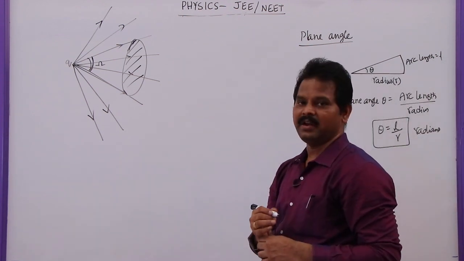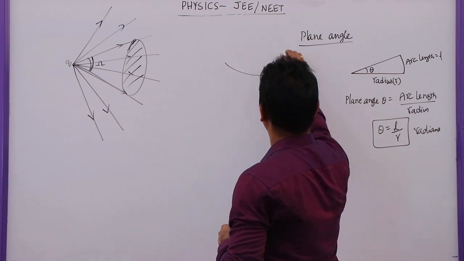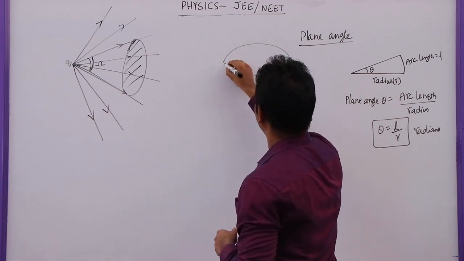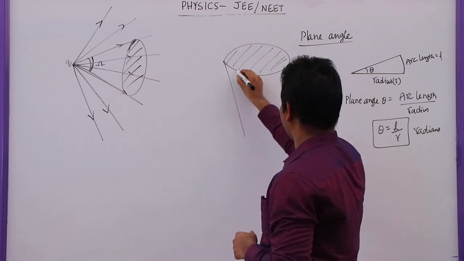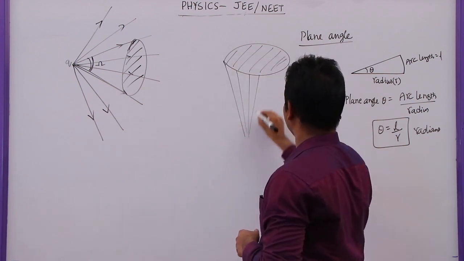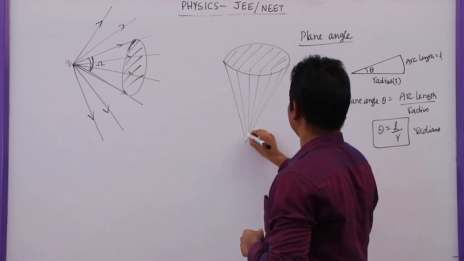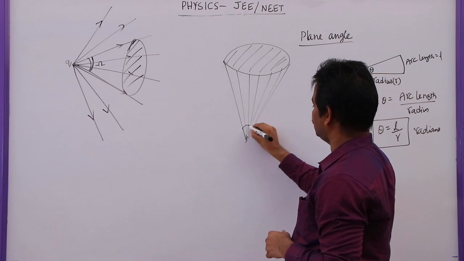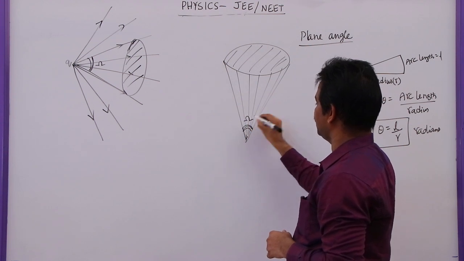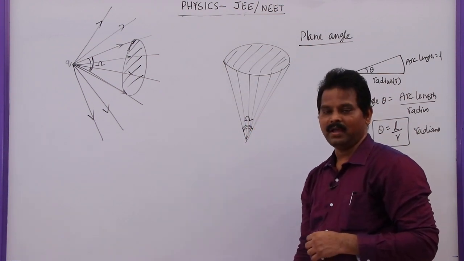But what about the steradian? Now, if you take an area here, a circular area, and draw lines from the circumference of this one, all these lines are going to meet at a point. So this angle is called steradian, the solid angle.